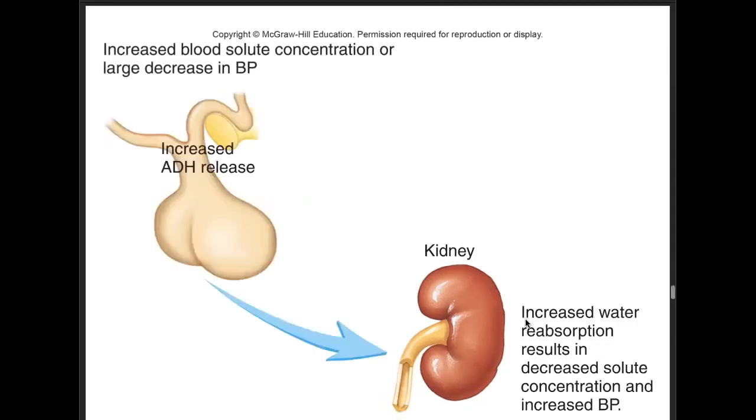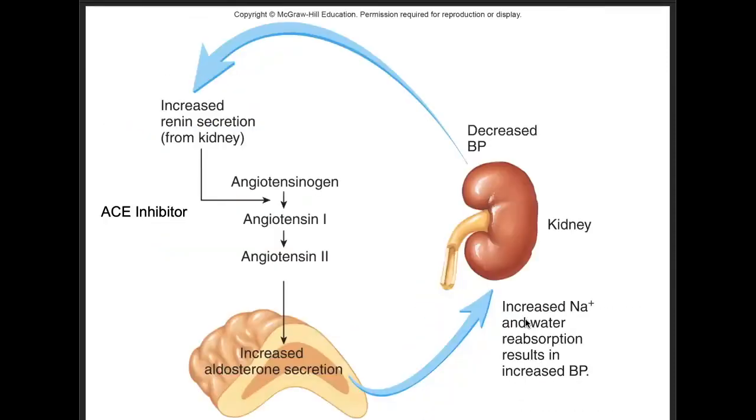Let's just have a quick recap. Oh, I'm sorry, this is your renin. The renin that is secreted by the kidney will act on your angiotensinogen to produce your angiotensin 1, and your angiotensin converting enzyme, ACE, converts angiotensin 1 to your angiotensin 2.